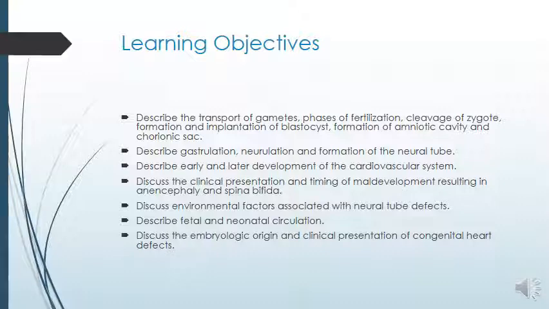formation, and implantation of blastocyst, formation of amniotic cavity, and the chorionic sac. We will describe the process, gastrulation, neurulation, and formation of the neural tube. We will describe early and later development of the cardiovascular system and discuss the clinical presentation and timing of maldevelopment resulting in anencephalia and spina bifida.